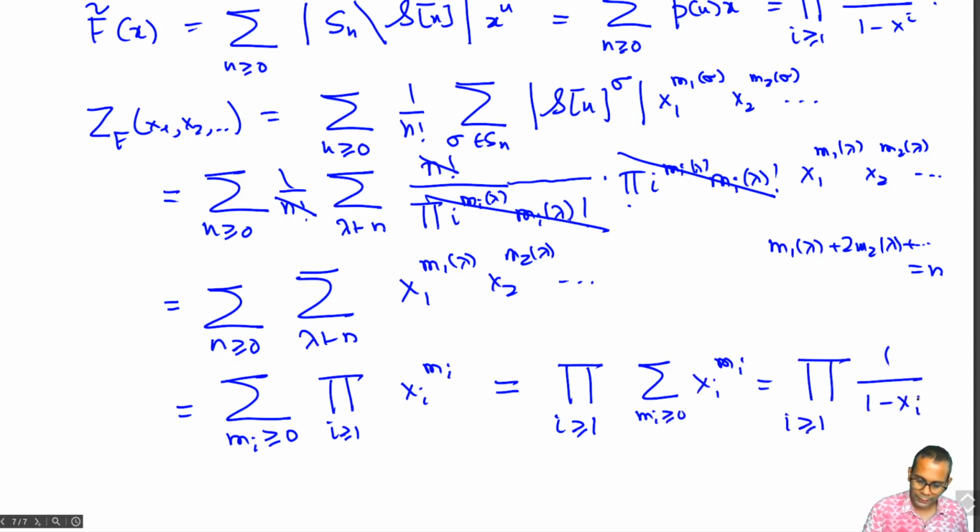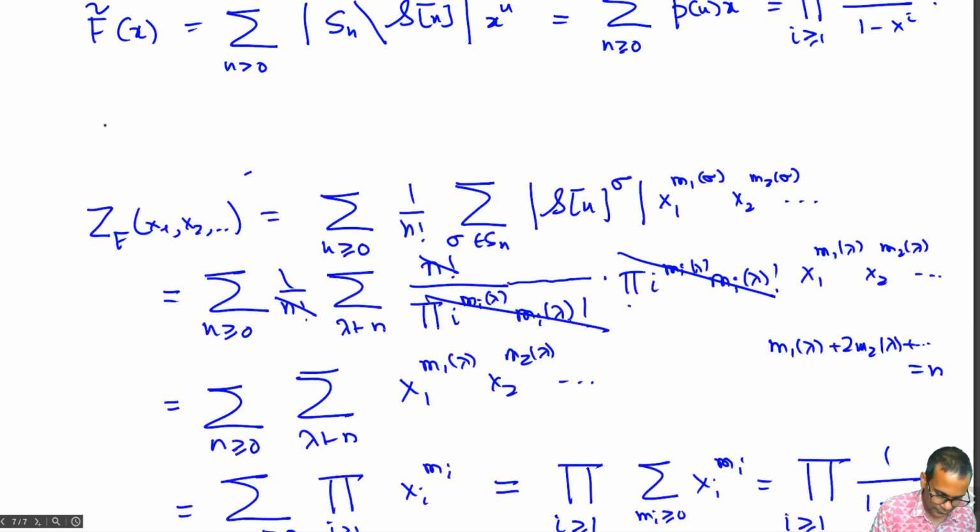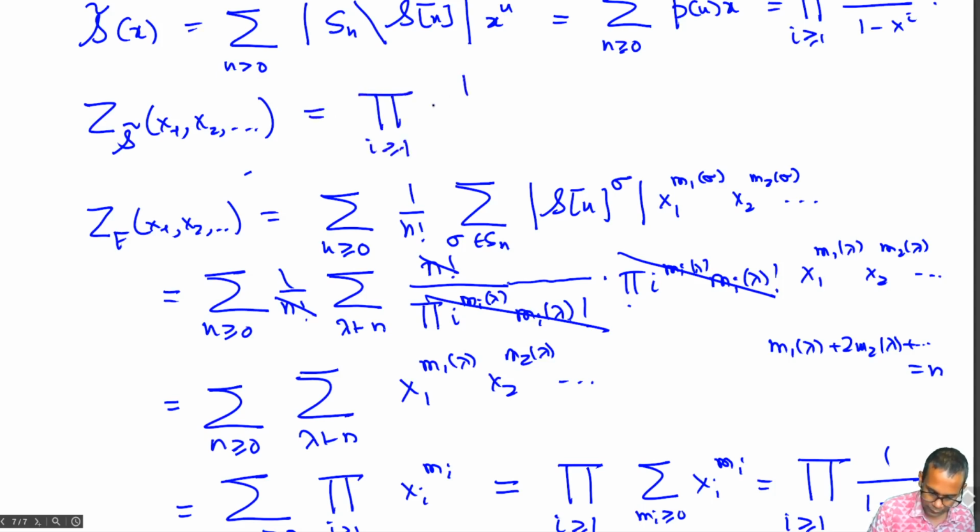So what we've computed is, maybe I shouldn't say f tilde here, I should say s tilde here. We're talking about s, and we have Z s tilde of x1, x2, and so on equal to product i greater than or equal to 1 of 1 over 1 minus xi.